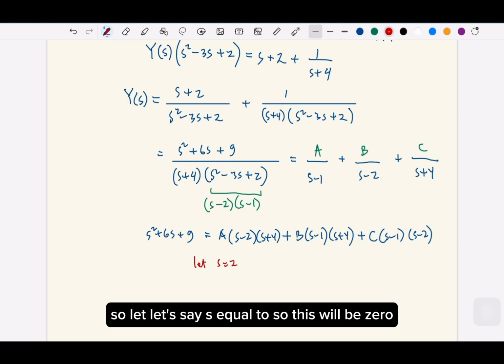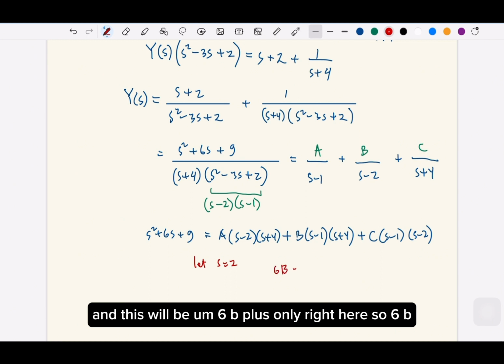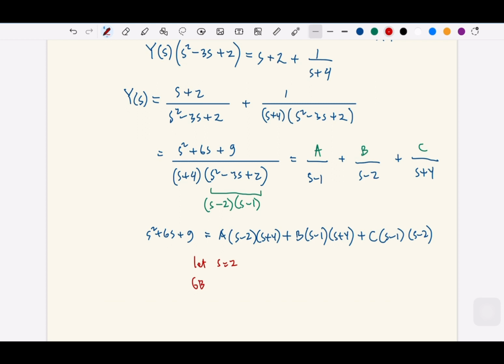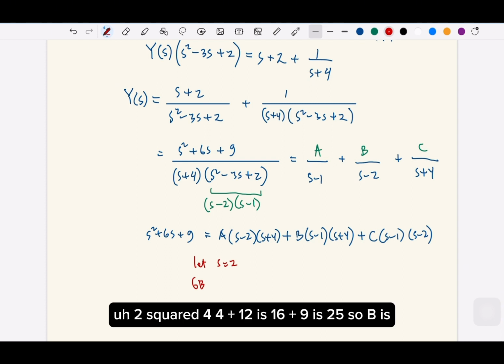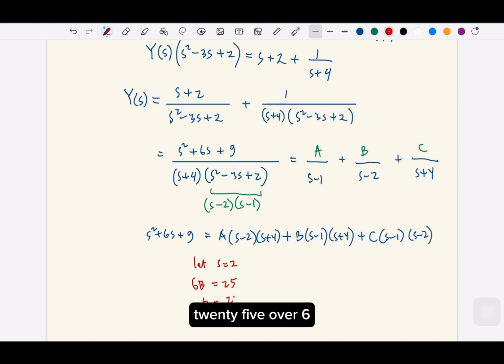So this will be 0, and this will be 6B, equal to 2 squared, 4, plus 12 is 16, plus 9 is 25. So B is 25 over 6.